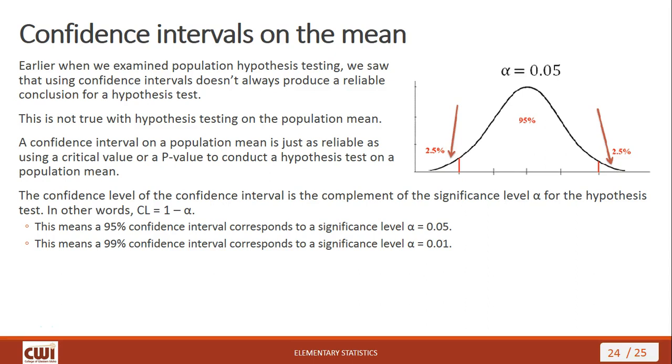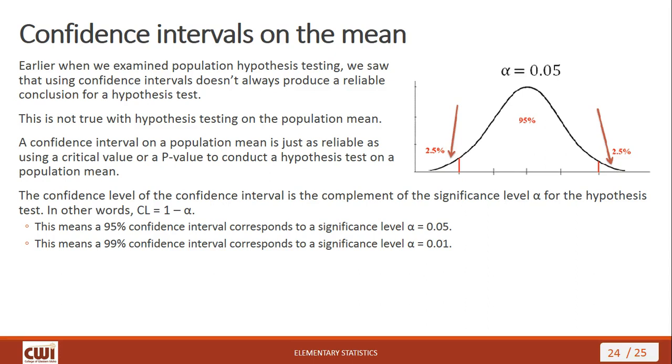Confidence levels of a confidence interval will be the complement of the significance level alpha for a hypothesis test. So if we want to conduct a hypothesis test at, say, the 5% level, then we need a confidence level for a confidence interval of 95%. So whereas alpha is representing the area in the tails, the confidence level for a confidence interval is the area in between the tails.